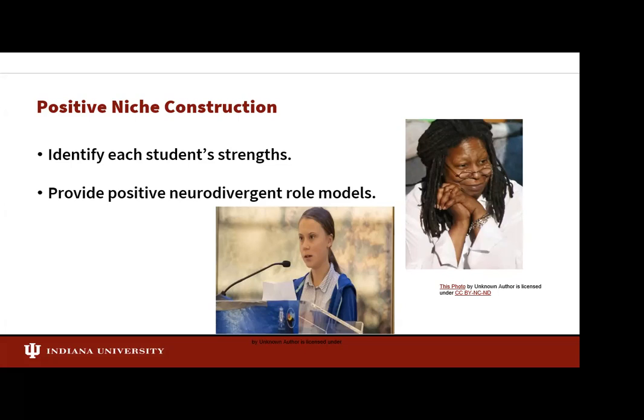These two amazing ladies have both succeeded and broken barriers in our society, and it's important for everyone to see role models like that. It's also really important for there to be non-famous people in a neurodivergent student's life, like their educators, coaches, parents, doctors, and peers. I can go on with this list. Next slide, please.